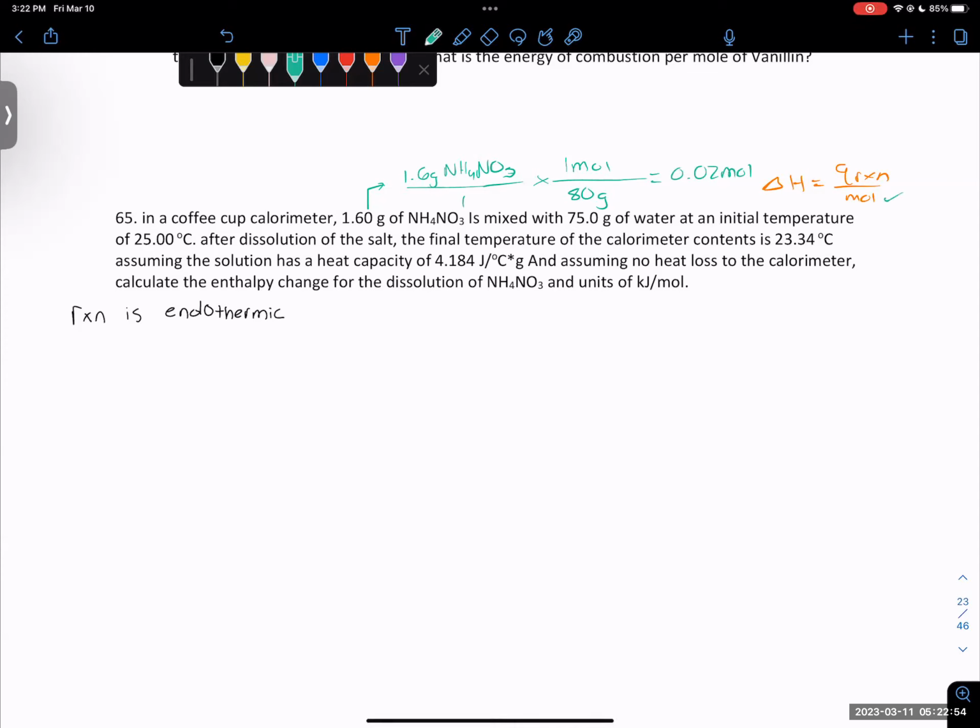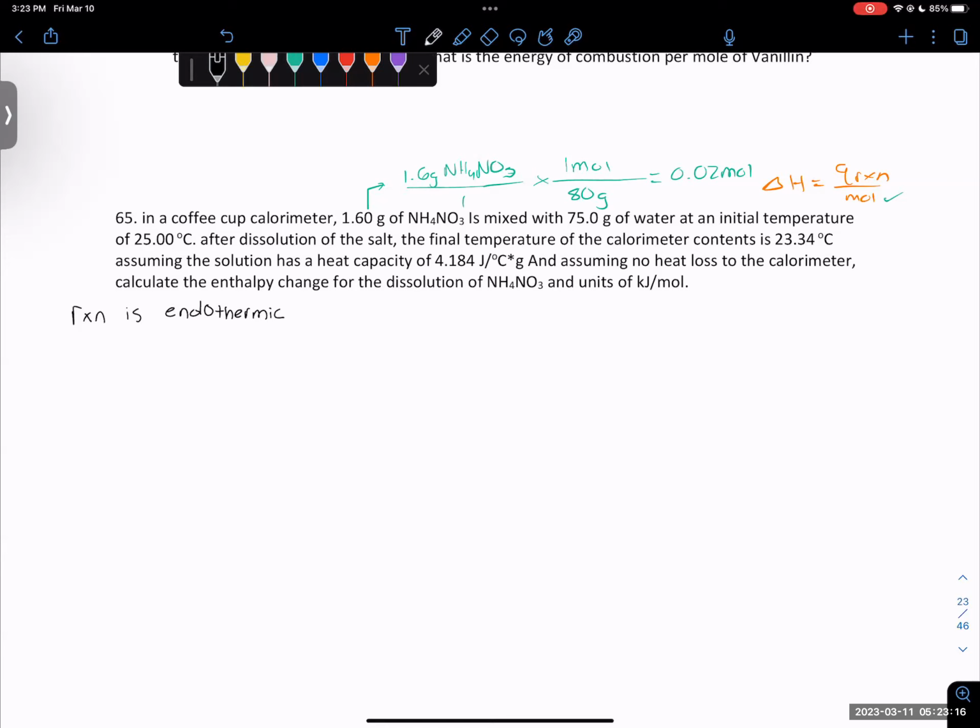The next thing is to get the other half, which is Q of reaction. How should we go about that? The basic principle that you should be using for all these problems is that the heat associated with one process is equivalent and opposite in direction to the heat associated with a different part of the system.